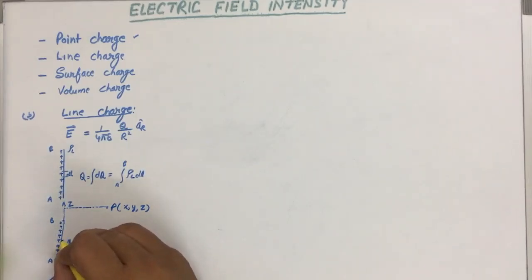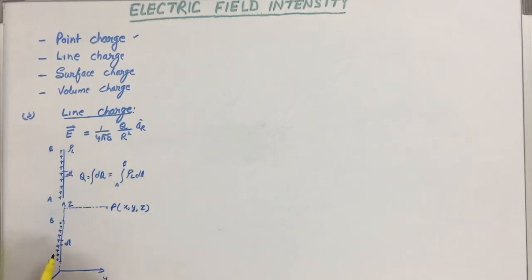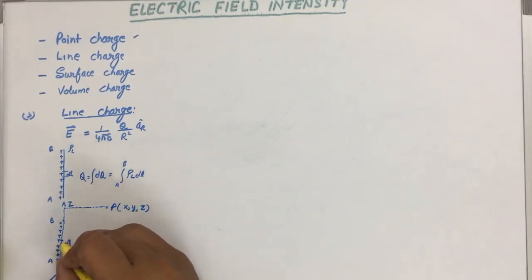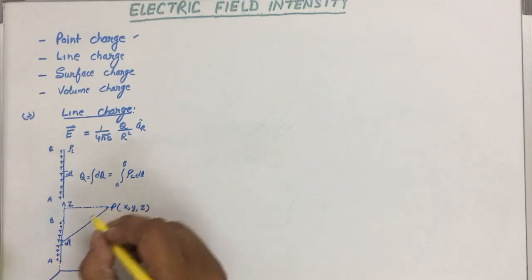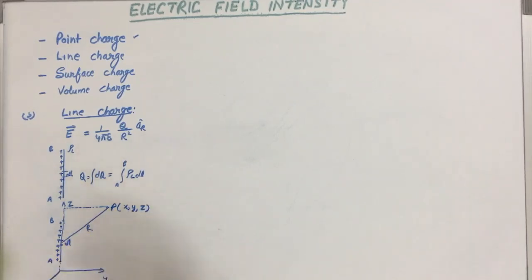Now for this region we can say the charge is dq, and we know the distance is r, but r is varying, so we cannot generalize it for the full length of the line.